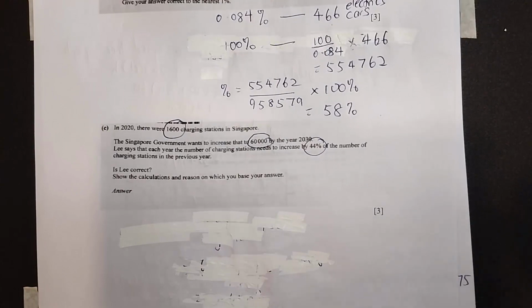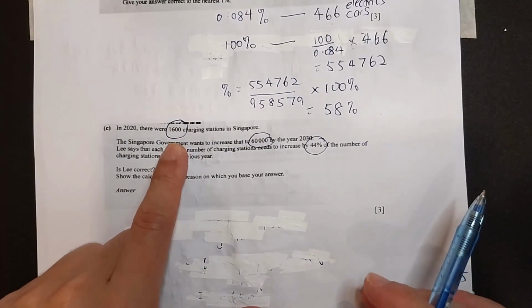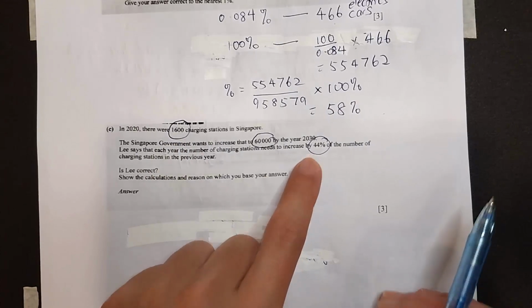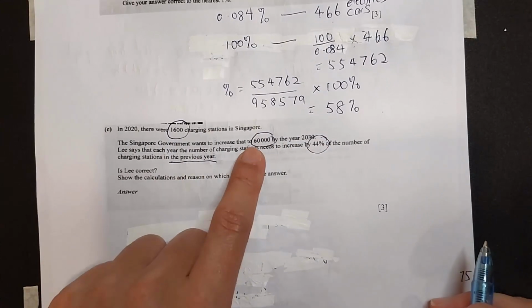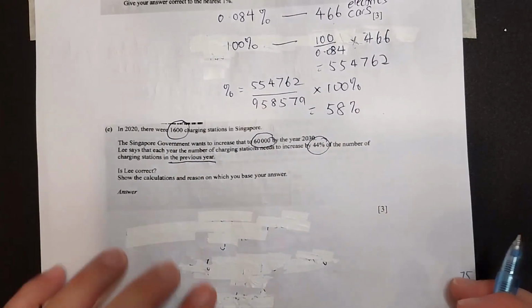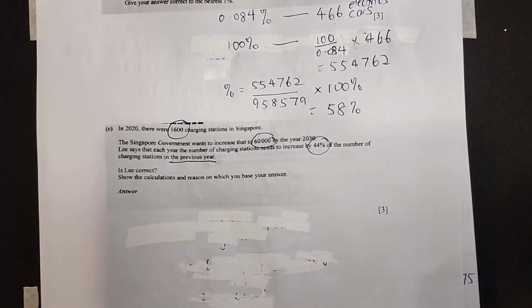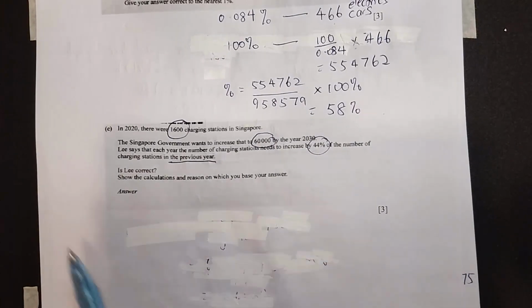Okay, for the next question, there were 1,600 charging stations. We have to increase by 44% in the previous year so that we can reach 60,000 by the year 2030. So what topic is this? This is actually compound interest, because we are increasing based on the previous year.